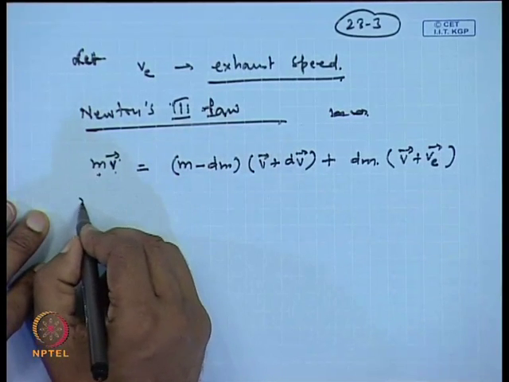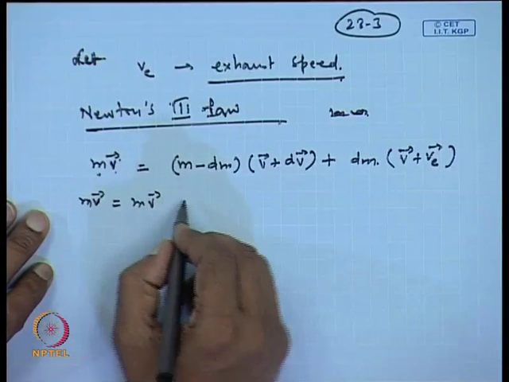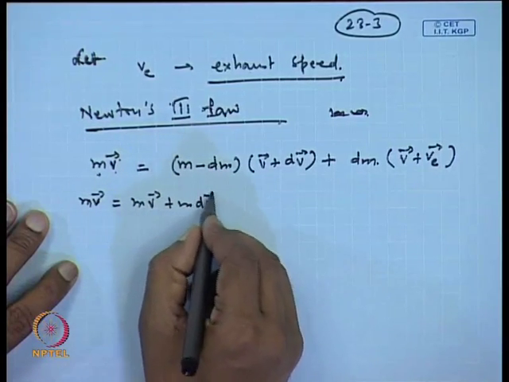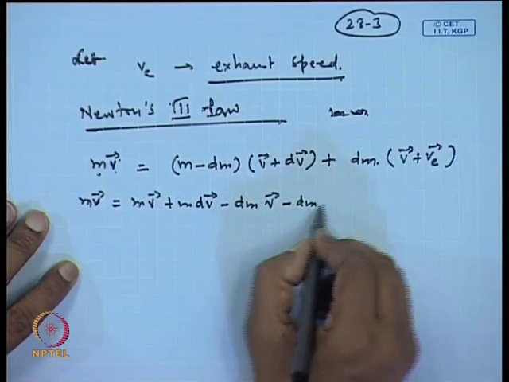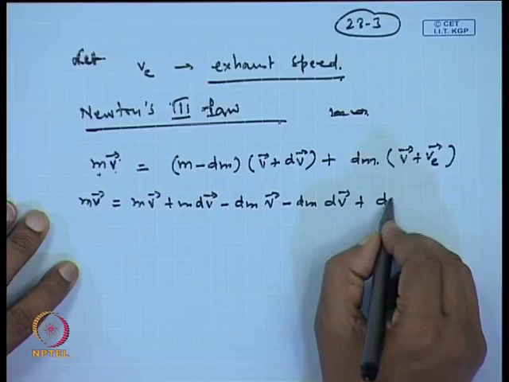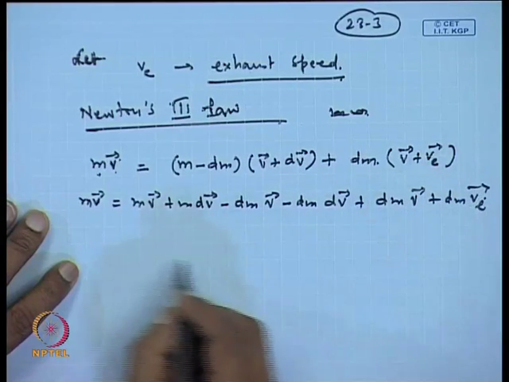So, therefore, from this place we can get m v equal to (m plus dm)(v plus dv) plus dm times (v minus V)... Okay.